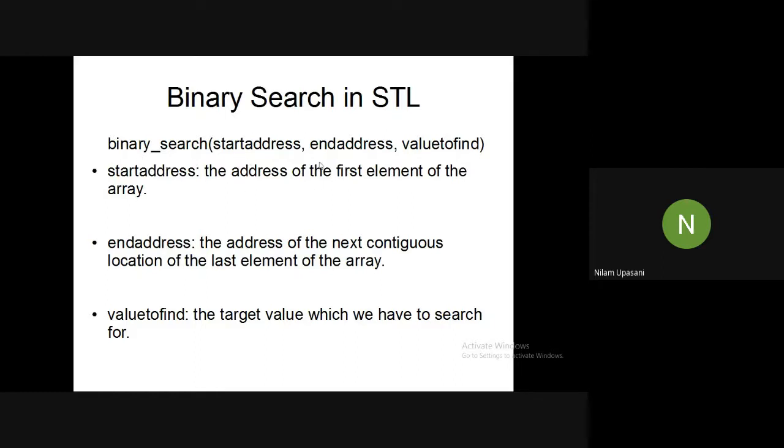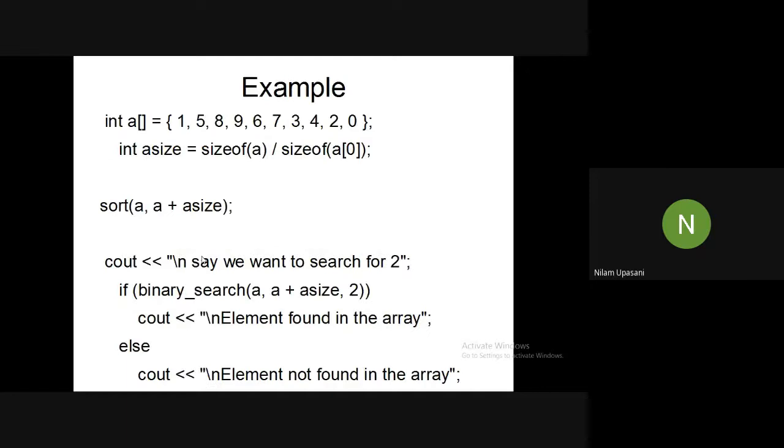Okay, so this is the syntax of binary search algorithm. तो binary search आपको ऐसे कॉल करना है, उसको start end address देना है और जो वैल्यू आपको सर्च करनी है. Okay, so this is the description I have given. So let us discuss the example.